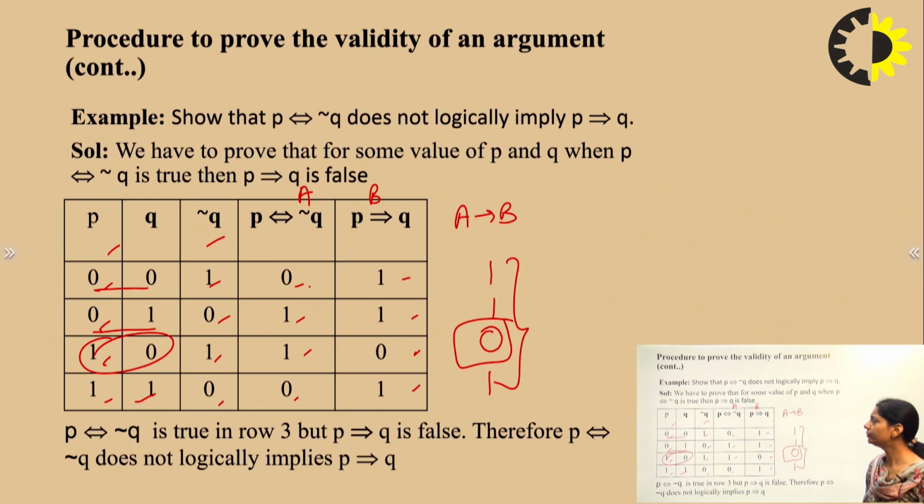That is why we name this as A, this as B, and then calculate A implies B. Once we do it in this manner, it is easy for us to identify the implication.